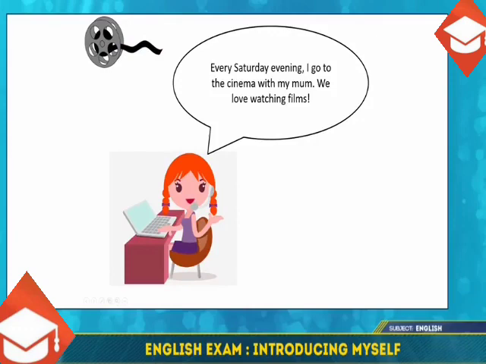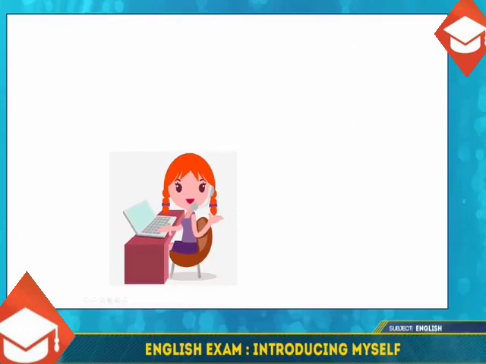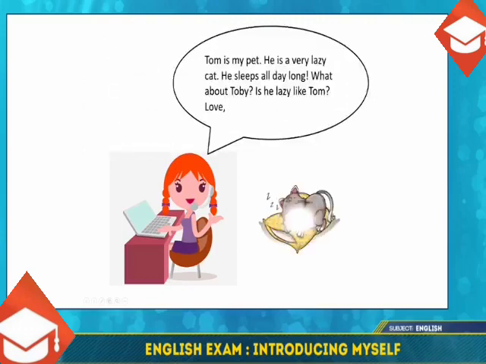We love watching films. Finally, you can describe your pet. For example, Tom is my pet. He's a very lazy cat. He sleeps all day long. What about Toby? Is he lazy like Tom? Do not forget the ending words like love.